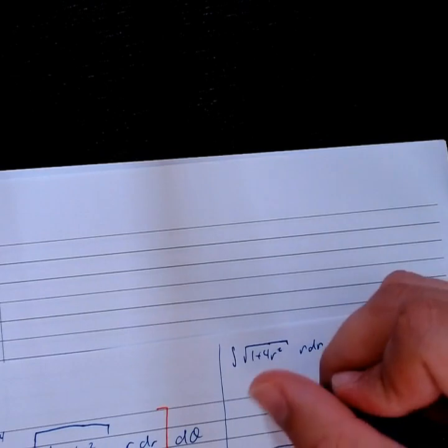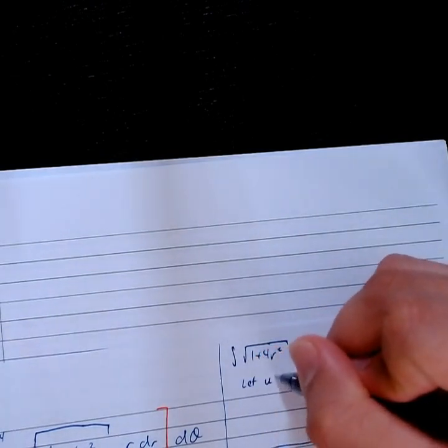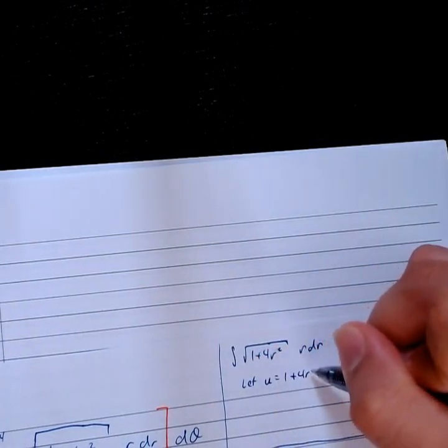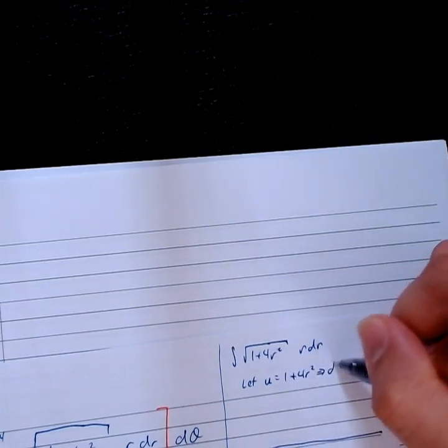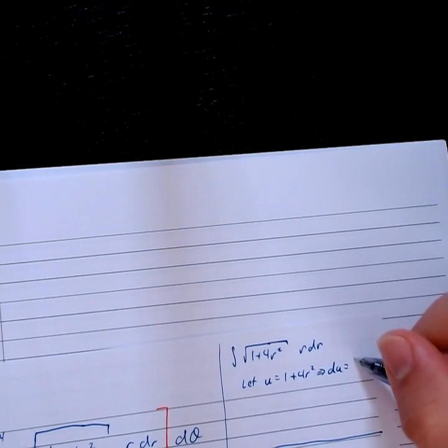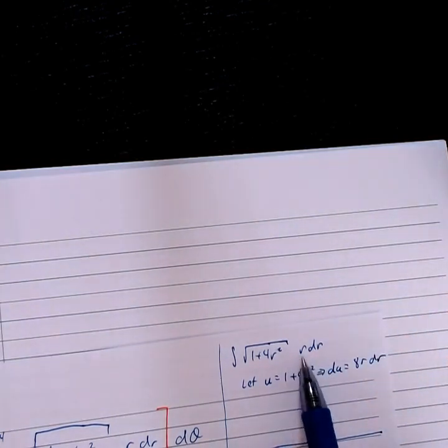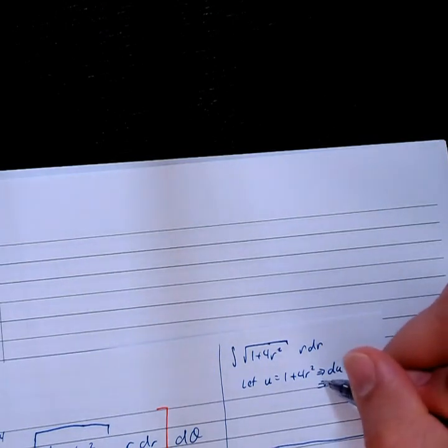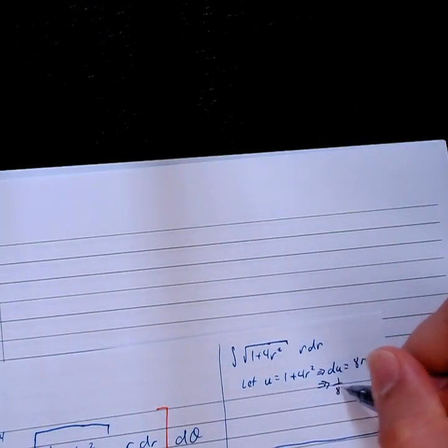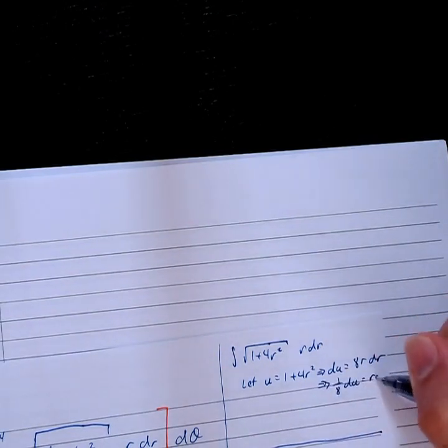Let u be 1 plus 4r squared, which means du is equal to 8r dr, which is almost exactly what I have right here. Well, I don't have the 8, so divide that over to the other side. So 1/8 du is equal to r dr.